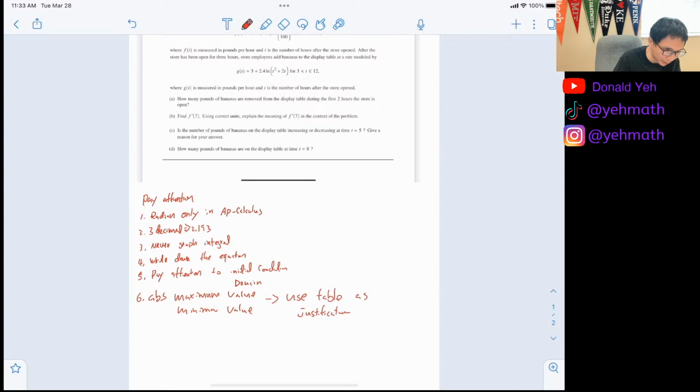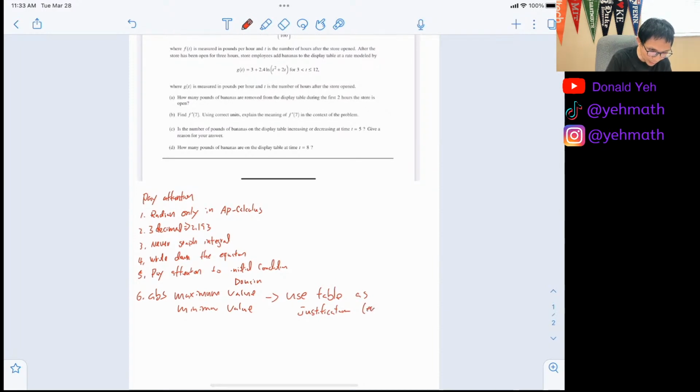We will probably talk about it tomorrow. Use a table as justification. The table should include the endpoints and the critical points. So it should include both endpoints and critical points. So pay attention to all those things. You should be much better at this.